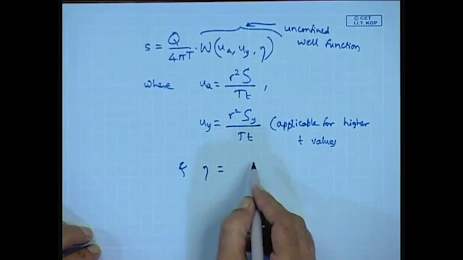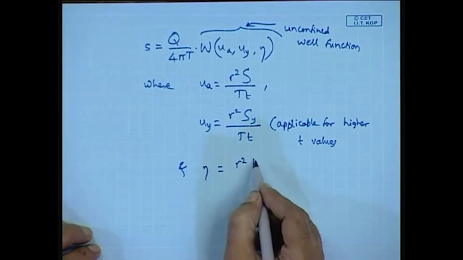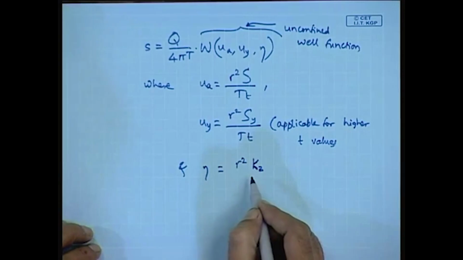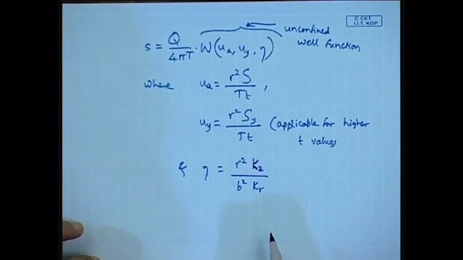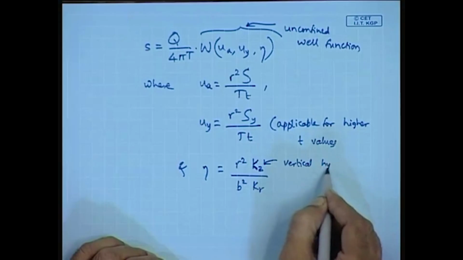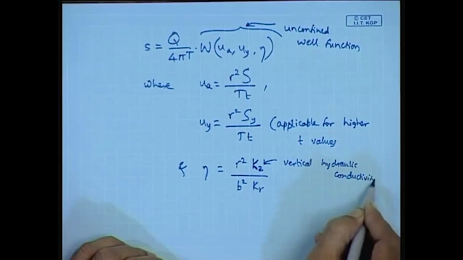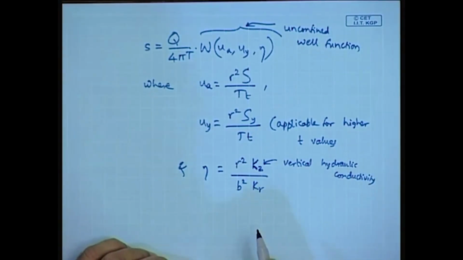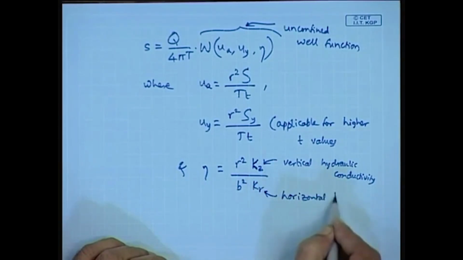And eta is given by r squared Kz divided by B squared Kr. Here Kz is the vertical hydraulic conductivity, and Kr is the horizontal hydraulic conductivity.